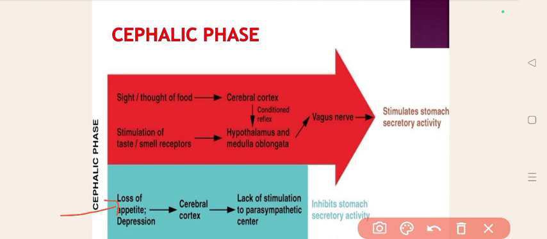There is a lack of stimulation to the parasympathetic center, because rest and digest, eating food, digestion, is a function of the parasympathetic system, but that system is not stimulated, and that's why it inhibits the stomach secretory activity. This is the cephalic phase.